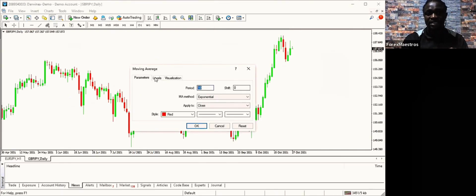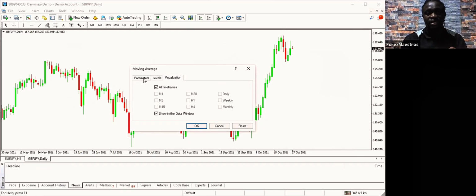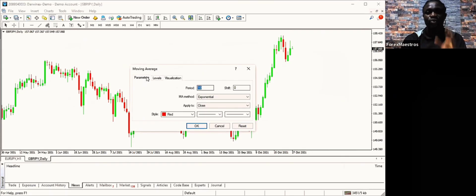You have your parameters, you have the levels, you have the visualization. Just leave the other details. Where you will most likely be asked to work is in your parameters: period 10, the shift, exponential, apply to close, the style, and all of that. This is period 10. I can leave it.